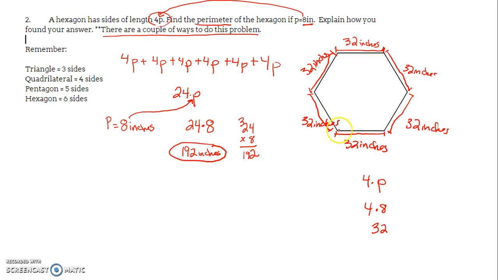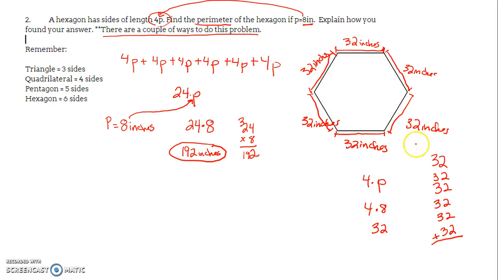And we know perimeter is just adding up all the sides, so you can do 32, 32, 32, 32, 32, 1, 2, 3, 4, 5, 32. There are 6 sides. Some of you are saying, if I'm going to add 32 6 times, I could just do 6 times 32.